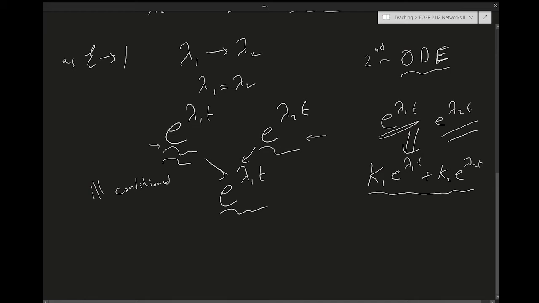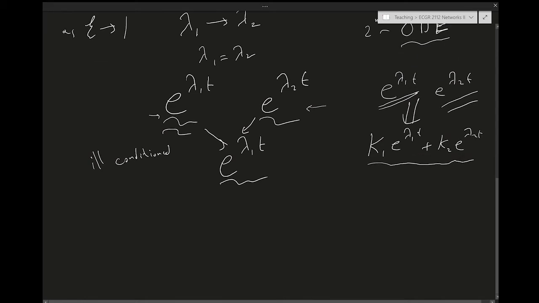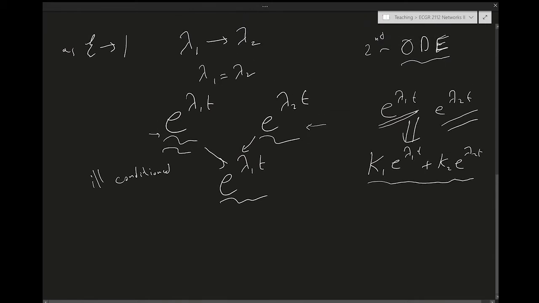What happens for the case where zeta goes to 1 is that the two distinct solutions combine with each other, and we lose one distinct solution. We end up with only one distinct solution. So we don't have enough to build the general solution, right? Even if zeta equals 1, it doesn't change the fact that the second order equation should still have two distinct solutions.